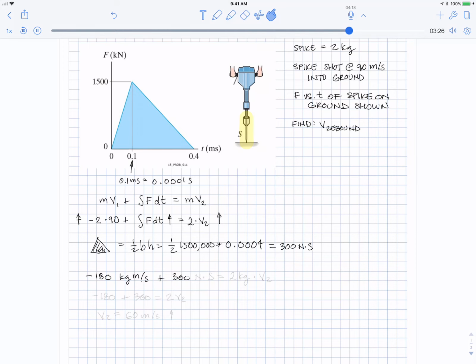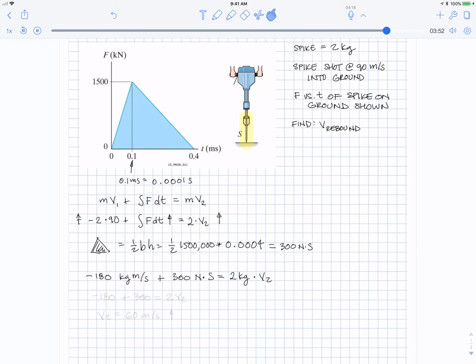plus 300 newtons times seconds will equal 2 kilograms times the velocity v2. So it seems like those units are weird until you realize that a kilogram times a meter per second squared is a newton, and so kilogram meter per second is a newton second.